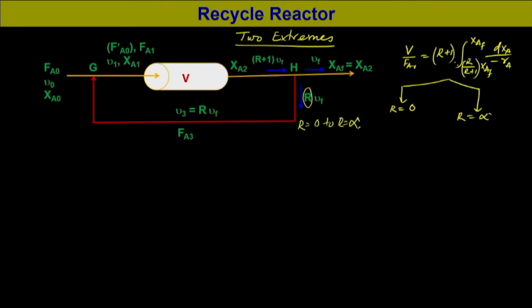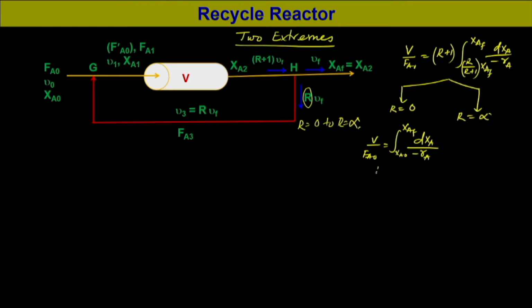So, if R is equal to 0, it will behave completely as a plug flow reactor. So, we will get the performance equation V by FA0 equal to integral from XA0 to XAF of dXA by minus rA.